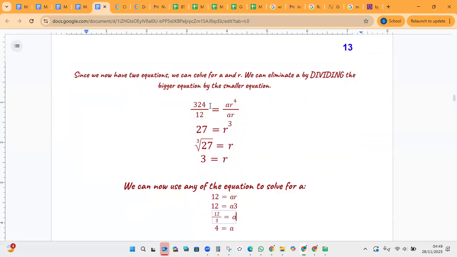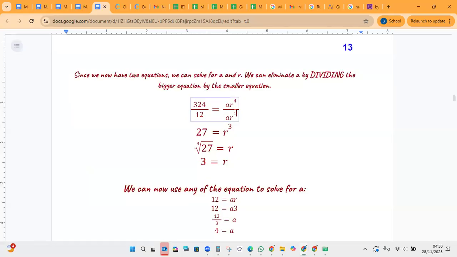The bigger one is 324 equals A R to the 4. It goes on top, and below is 12 equals A R. 324 divided by 12 is 27. A divided by A cancels out. And R to the 4 divided by R raised to the 1, you just subtract the exponents. That will be 4 minus 1, because when you are dividing, you subtract the indices. So therefore, 27 is equal to R to the 3.